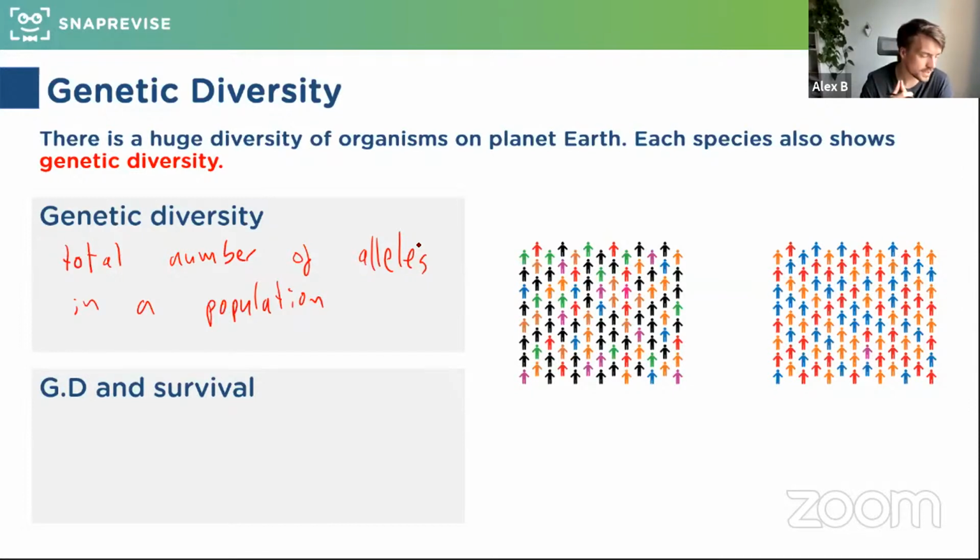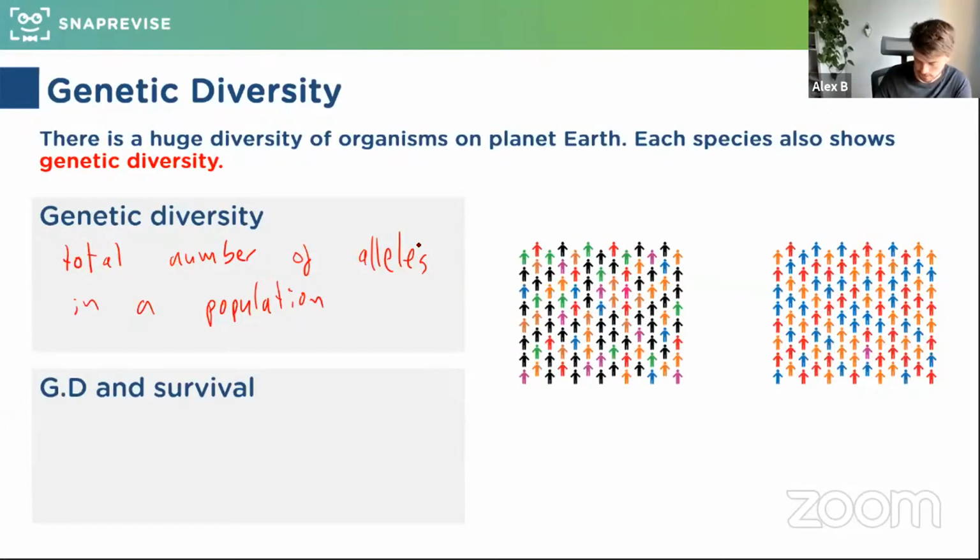So if the conditions were to change, for example, due to climate change or maybe a new disease comes about or a new predator, those organisms with a low genetic diversity are more likely to go extinct. There's a lower chance of having the suitable allele to cope with the changing conditions. So yeah, more genetic diversity is better.